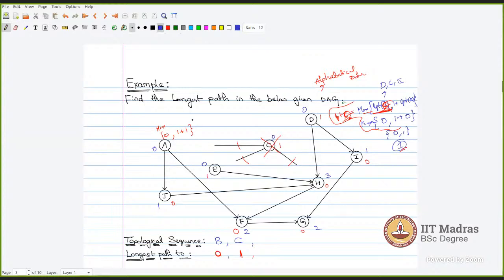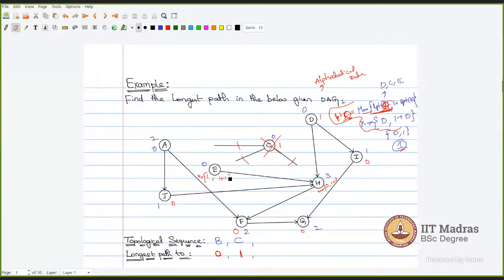Now the red number will change like this. Either it will be max of the previous 1 or 1 plus 1, 2. Here also it will be max of 0 or 1 plus 1. Now what is the max of 0 comma 1 plus 1? It will be 2.